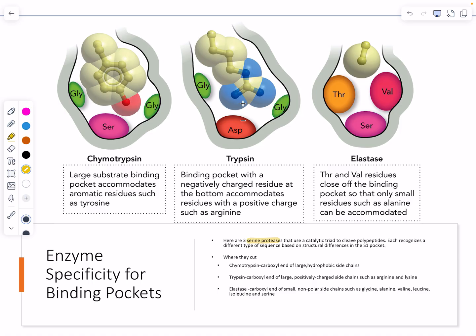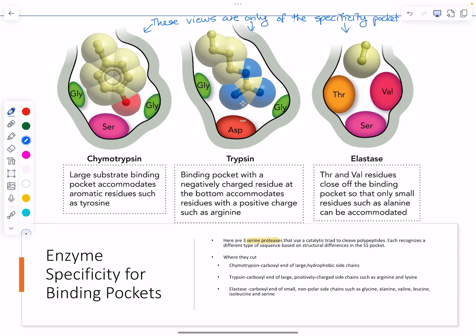So this slide is not showing you where the catalysis happens. We're zoomed in to the active site, so these views are only of the specificity pocket.